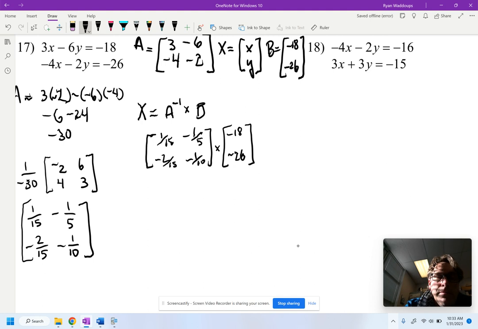So take the first row times the first column. That's 1/15 times negative 18 would be negative 18/15. And negative 1/5 times negative 26 is, that would be plus 26/5.